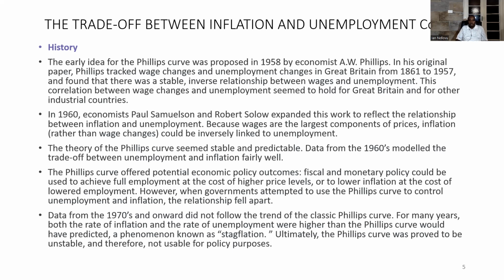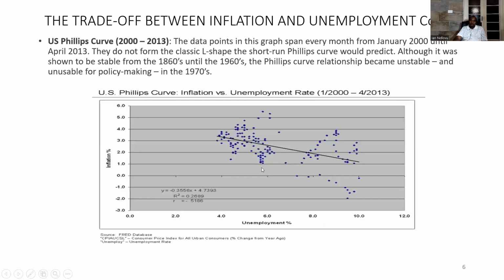But it was discovered that in the 1970s and afterwards, the classic Phillips curve relationship did not remain stable when fitted to empirical data. So the relationship sort of broke down.